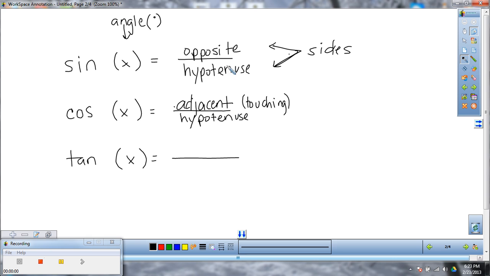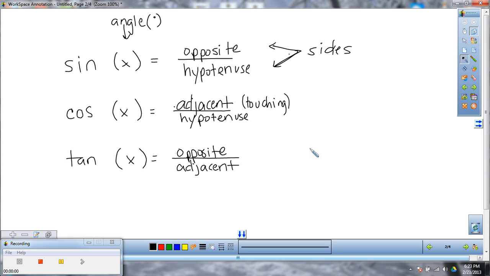So adjacent over hypotenuse. And again, these are both sides of the triangle. And lastly is the tangent. X is the angle, and the ratio is created from the opposite side and the adjacent side. So this is a lot to remember.